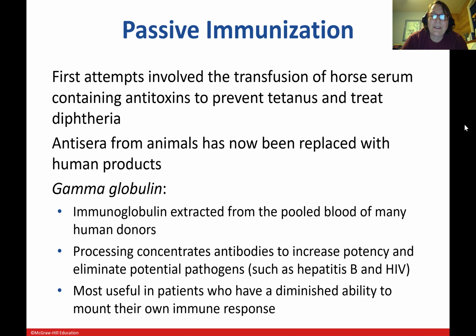These sera are used by patients who have a diminished ability to mount their own immune response. Either they have some kind of genetic defect or they have something like HIV, which suppresses the immune system. So any kind of immunosuppressive situation. In some cases, anybody who's had an organ transplant has been put on drugs which suppress the immune system.